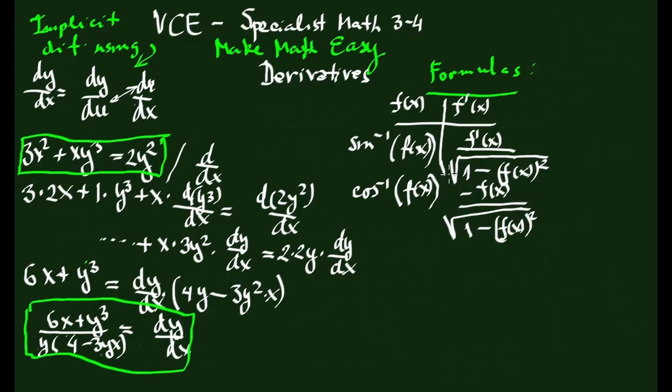So that would be our inverse function of cosine when its argument is a function.